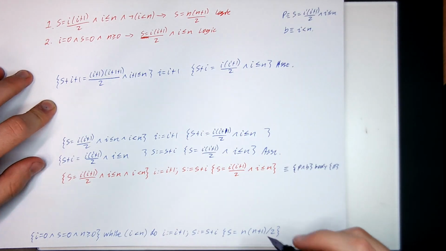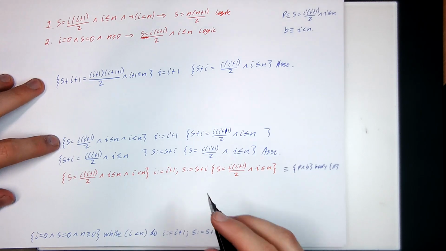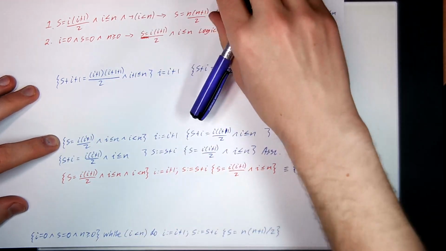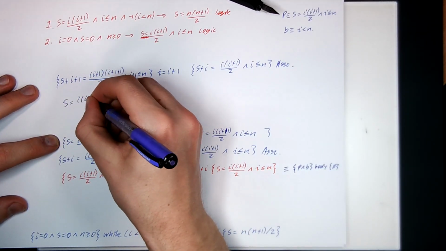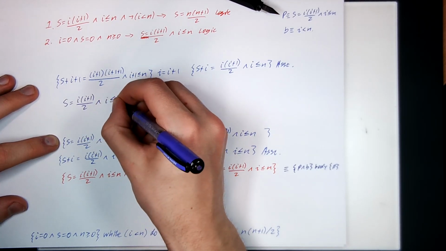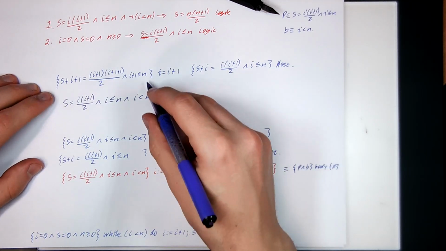I invite you to show that you can do precondition strengthening to get from here to here. So you should verify yourself. I'll do it in a different color. That S equals I plus 1 on 2, and I less than or equal to N, and I strictly less than N. If this is true, then this is true.